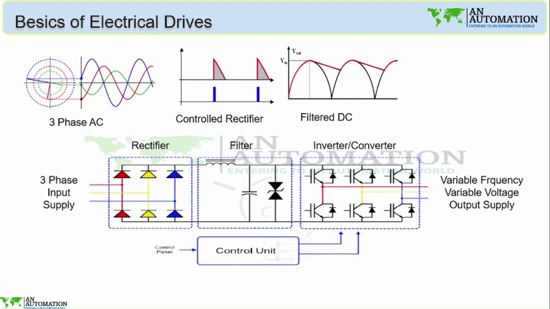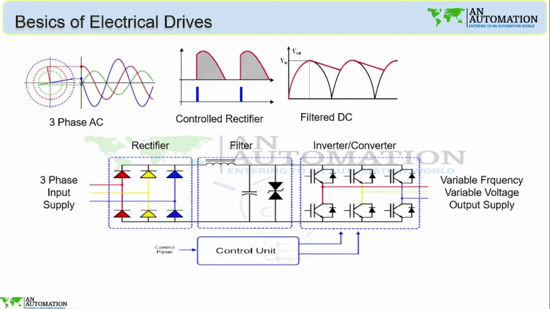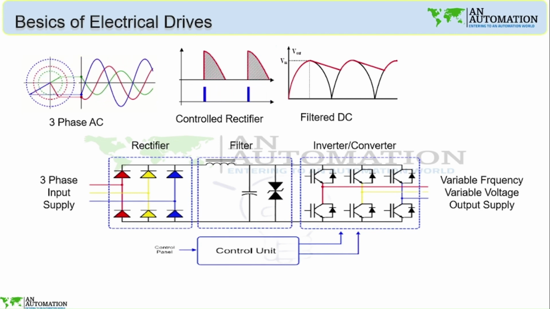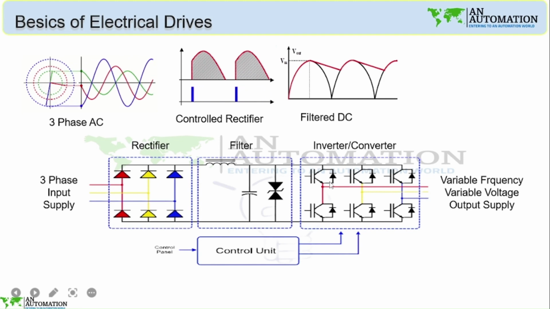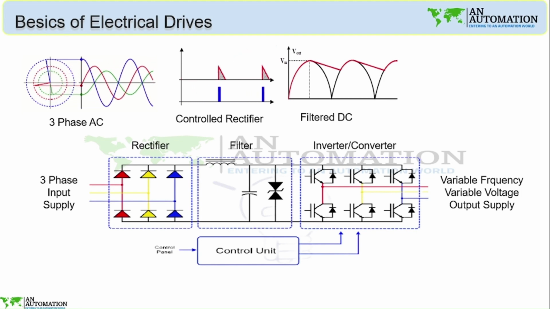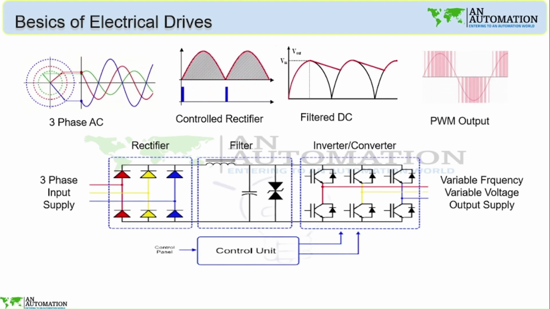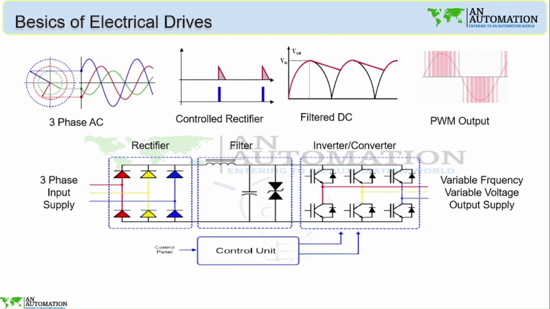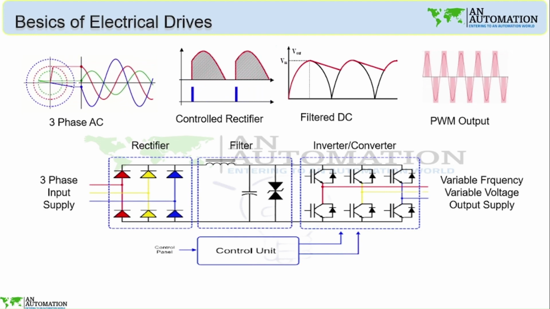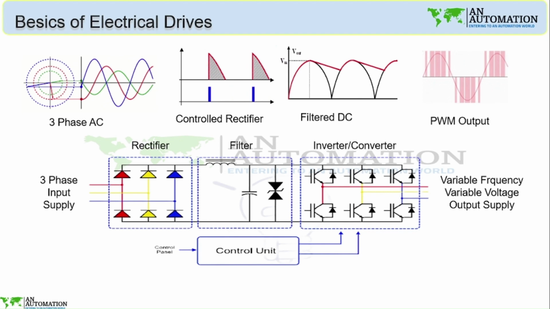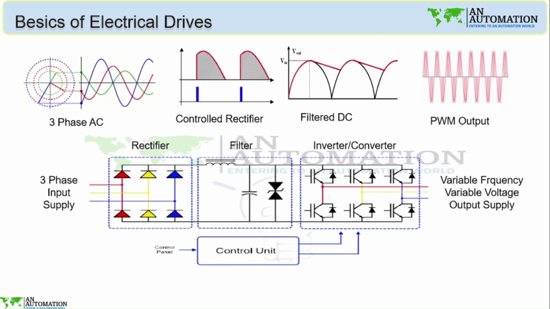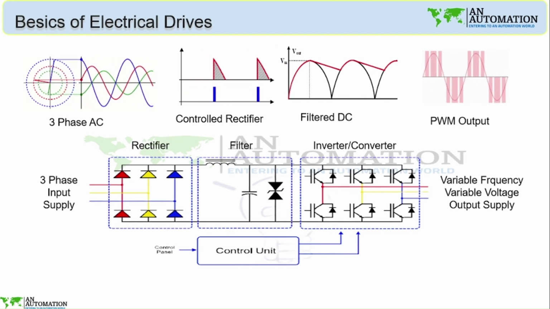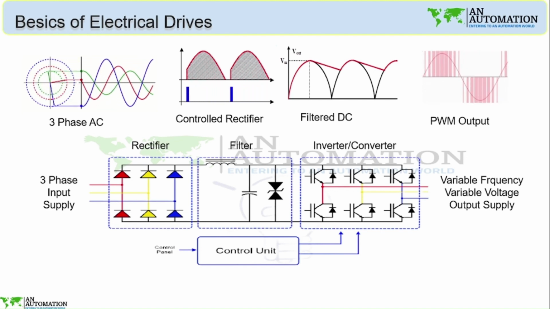Okay, so after we get the rippled DC output, we inject it into our inverter section. In the inverter section we will get the PWM output, which nearly tends to the three-phase supply, but it is in the manner of a square wave.